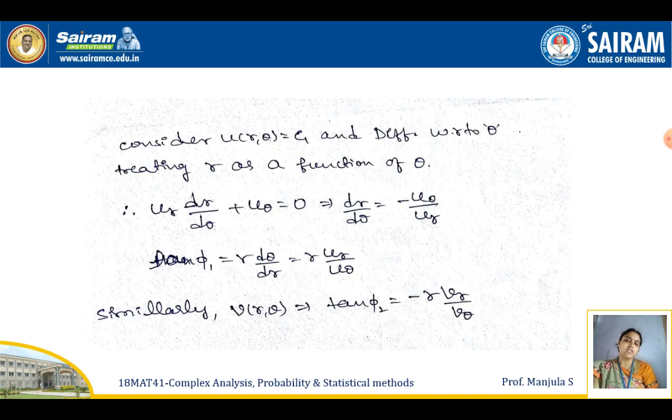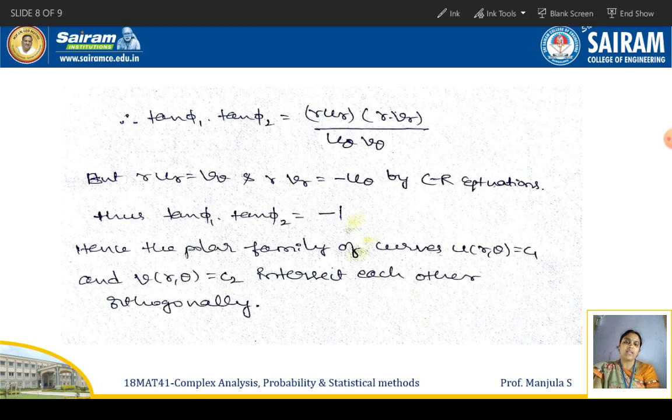Similarly, if you consider the second curve v of r comma theta, you can apply the same procedure. Differentiate with respect to theta, treating r as a function of theta, so that you get the value of tan phi 2 as minus r vr divided by v theta. Now with these two curves, we have the values of tan phi 1 and tan phi 2.